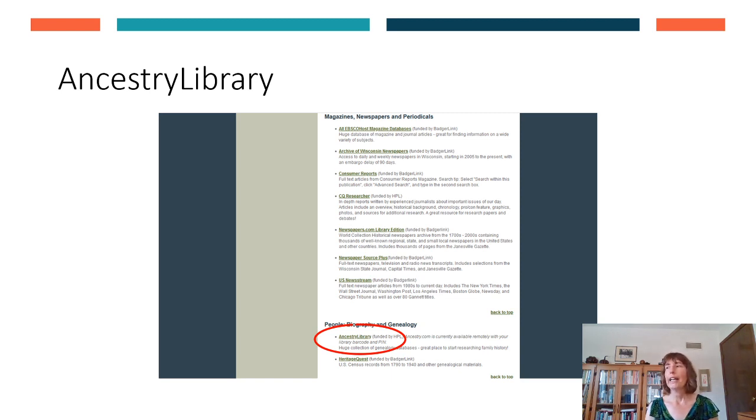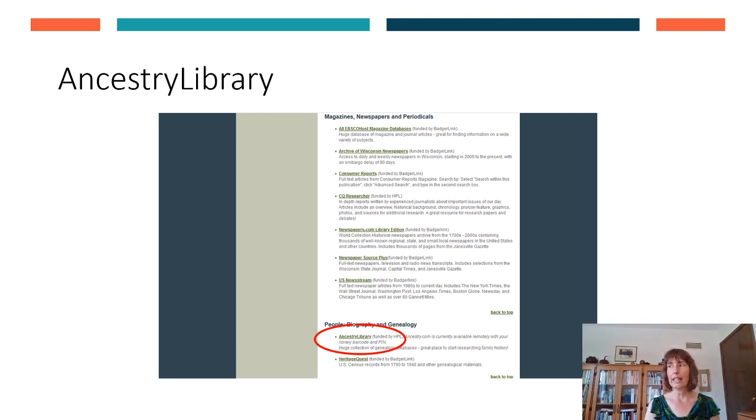Ancestry Library is normally only available if you come into the library, sign on to a library computer, and then access Ancestry Library from the library computer. However, during the COVID emergency, the company has given us permission to let you use this resource from home.